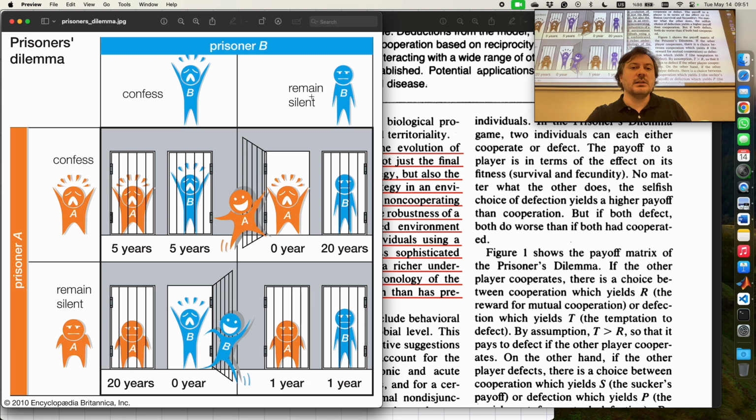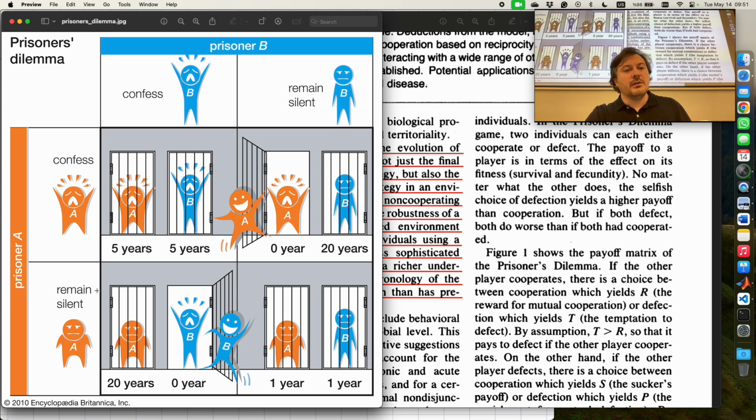So look, there is a dilemma here. If both of them defect, they get 5 years each. If this A confesses and the other one remains silent, A goes free, which is very good, but then B gets 20 years. And if they both remain silent, they just get 1 year. There's not enough evidence because they are not talking to each other.